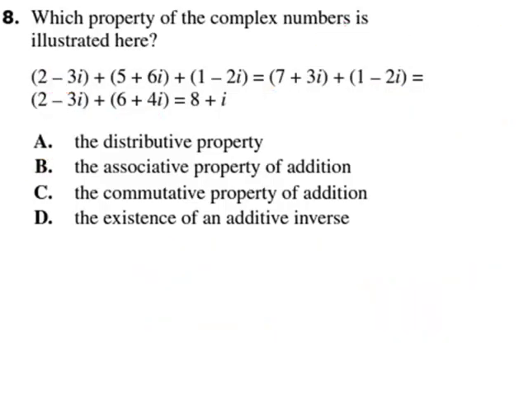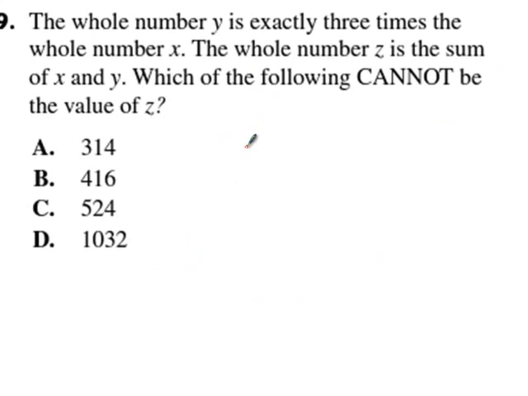Next, number 9. The whole number y is exactly 3 times the whole number x. So we can write it here. The whole number y is exactly equal to 3 times the whole number x. The whole number z is the sum.